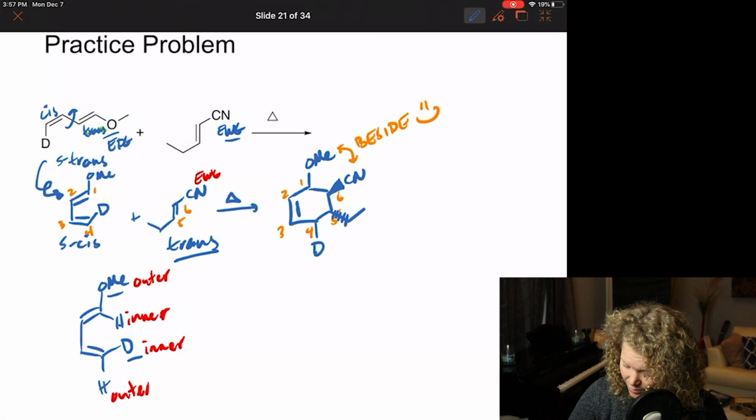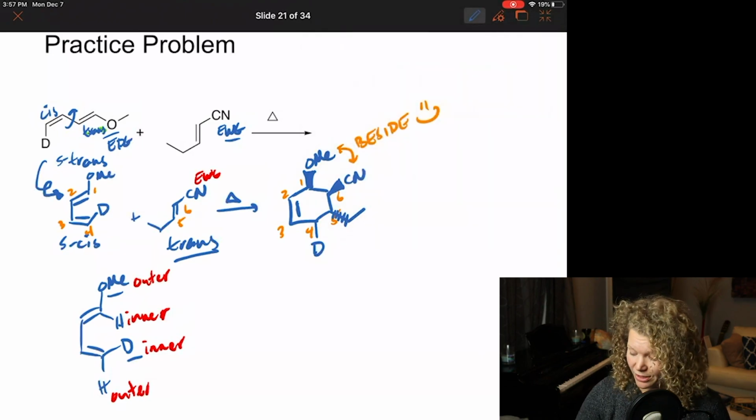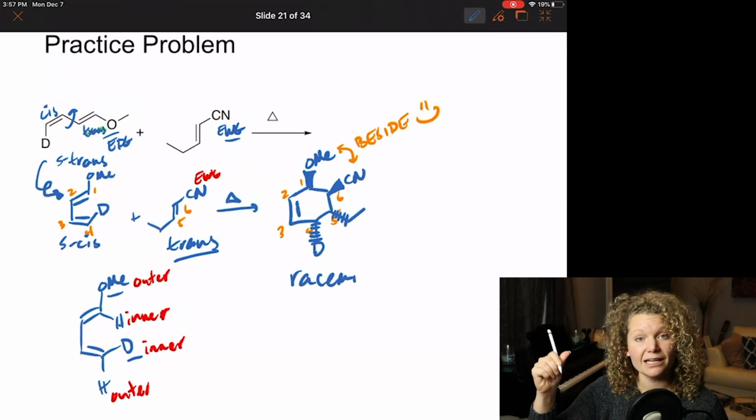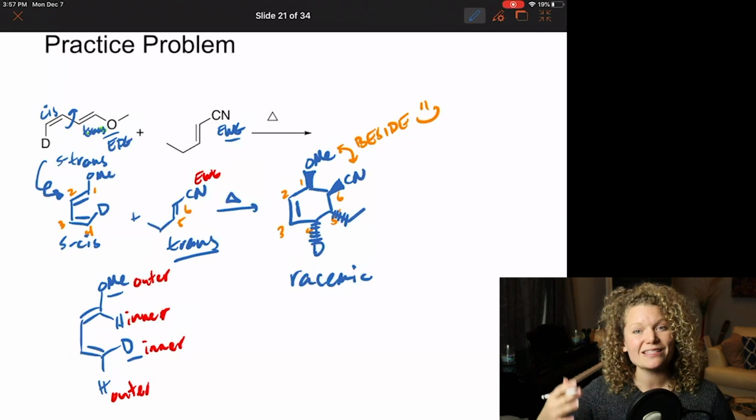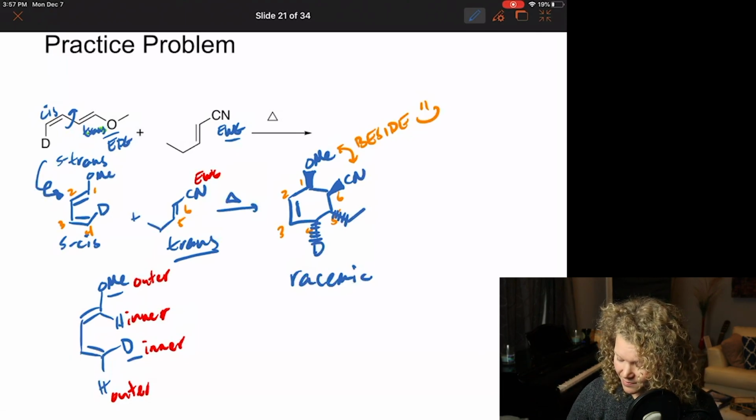So the methoxy we're going to draw with a wedge. That means that our deuterium we're going to draw with a dash. Now we could have the stereoisomer where all of the chiral centers are switched. And so in this case, we're going to write racemic. And this is our favored product.